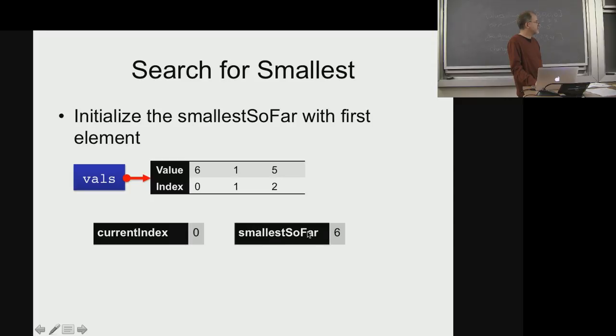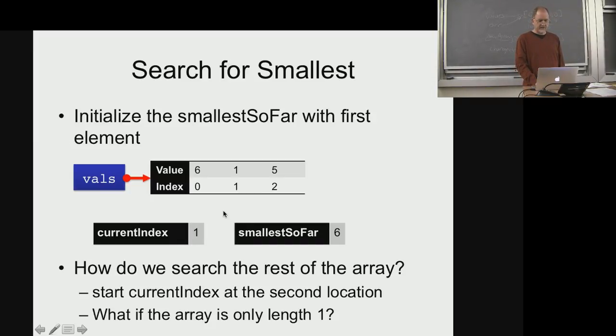Smallest so far, we initialized with that first value that we found, 6. We know that's going to be at least a reasonable choice, because maybe all these numbers are going to be bigger than that. Maybe they're going to be smaller than it, but it's not like a wrong answer. So we want to then start at index 1, and we ask, is 1 smaller than 6?